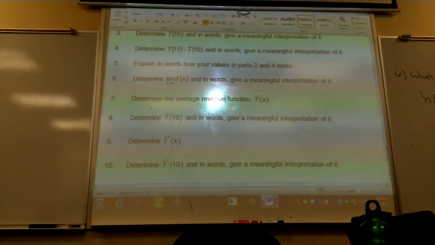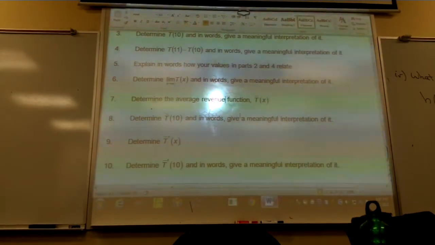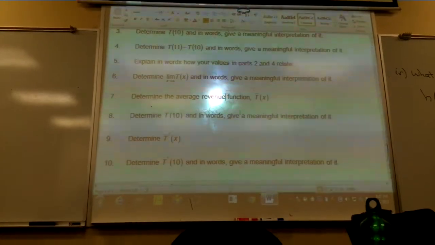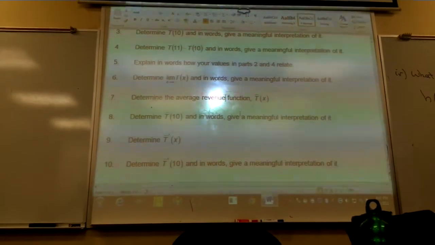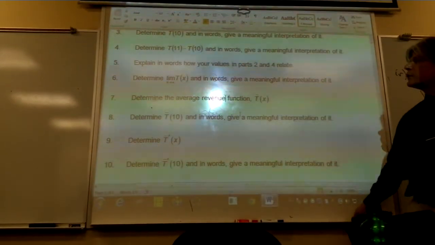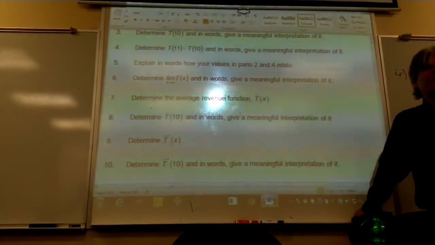So let's determine the average revenue function. How would I do that? Nobody? You take the derivative of it? But how would I come up with the average revenue in terms of X?